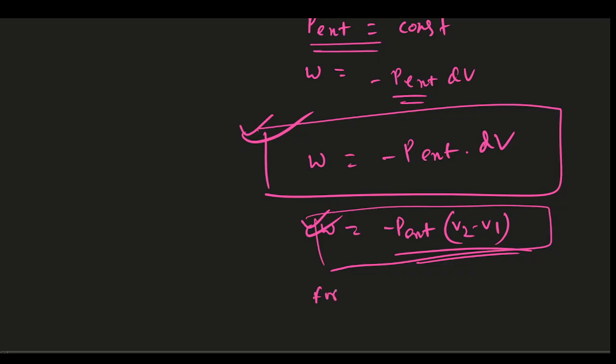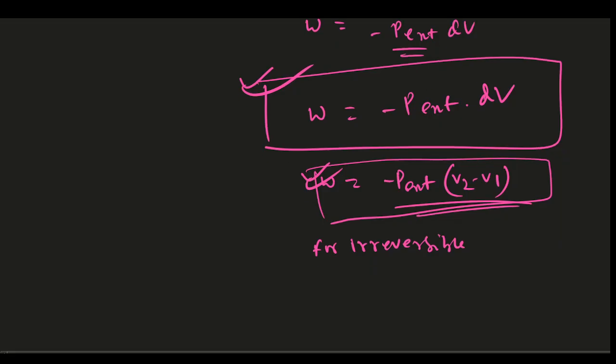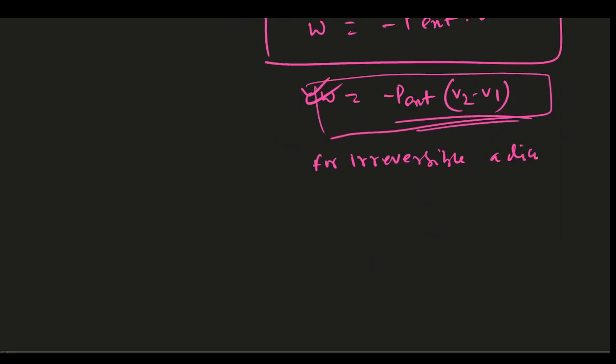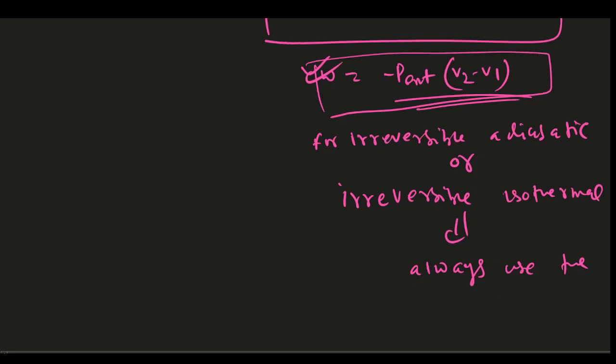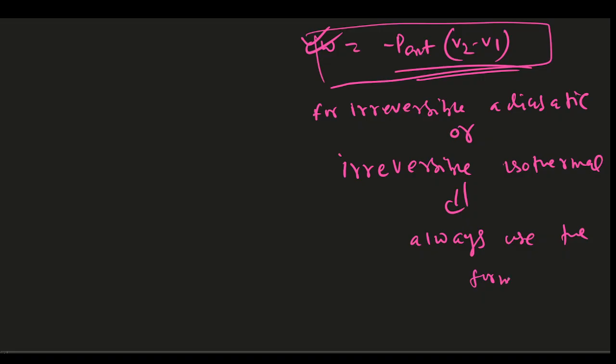So for an irreversible process, irreversible adiabatic or irreversible isothermal, always use the formula W equals minus P external dV, because P external is constant for an irreversible process.